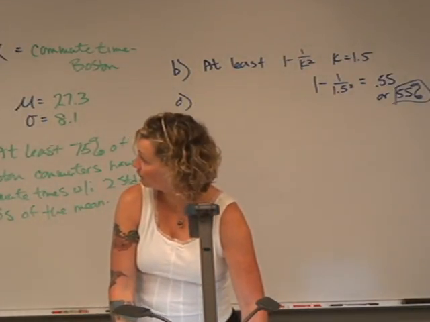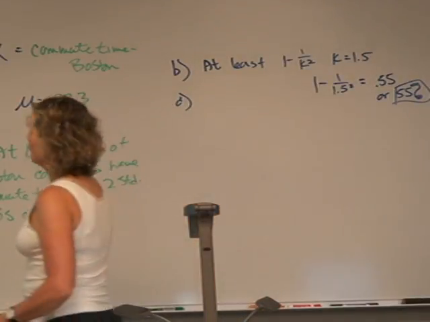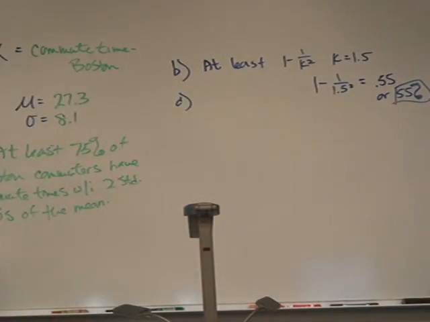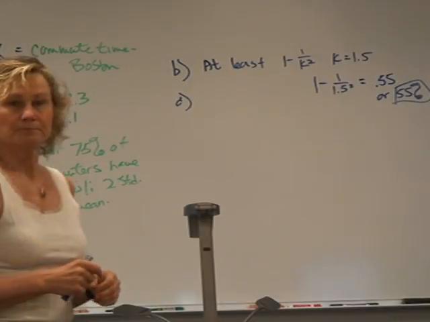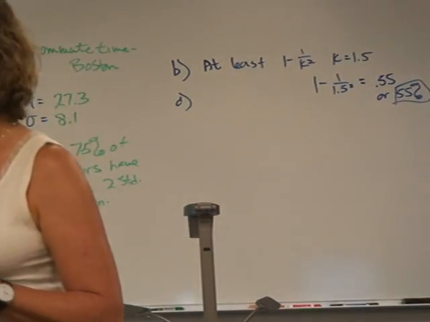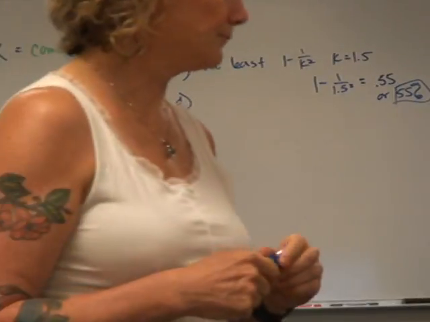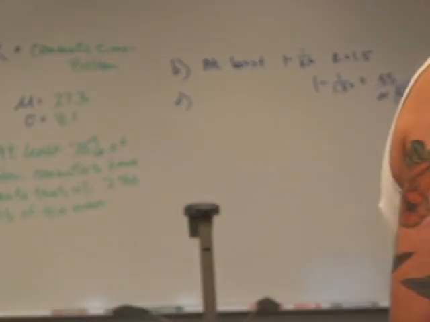Okay, so now what are those commute times? So now we want the interval from what amount of time to what amount of time are you going to find that 55% of commute times? What are the actual times? Somebody help me. Could you repeat the question?